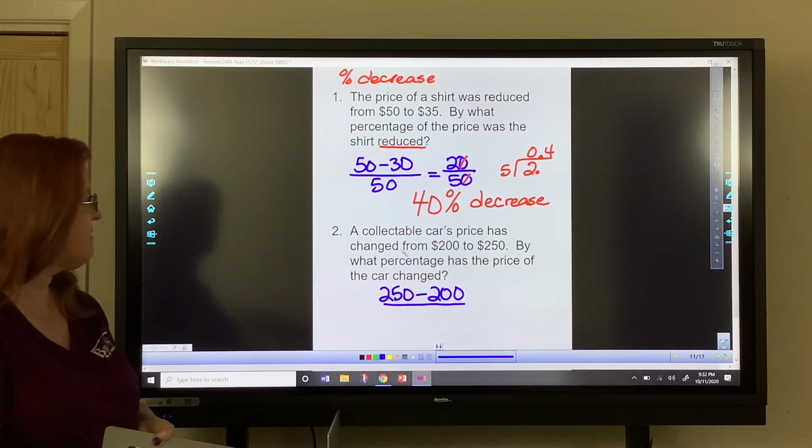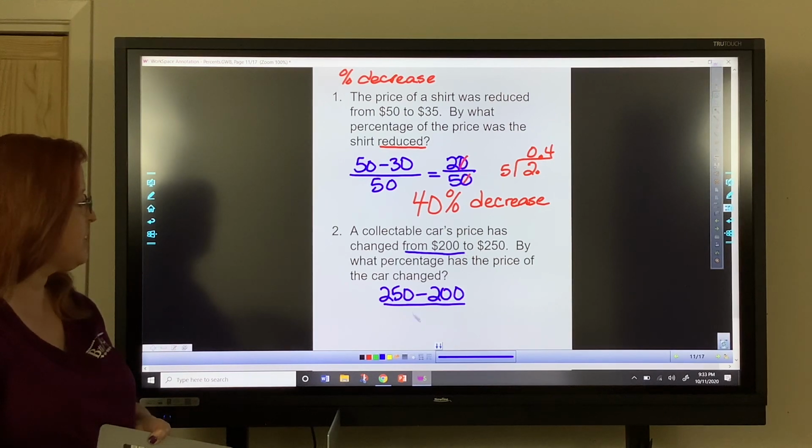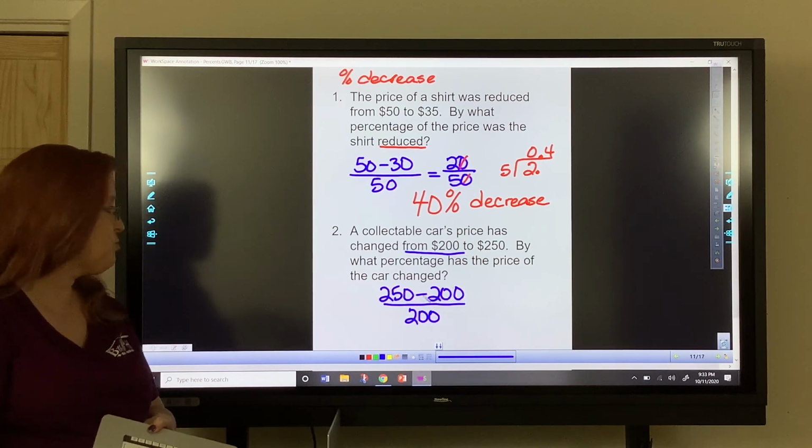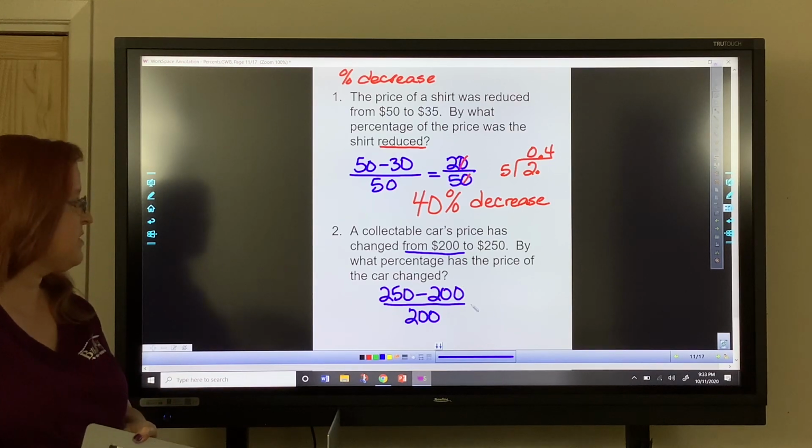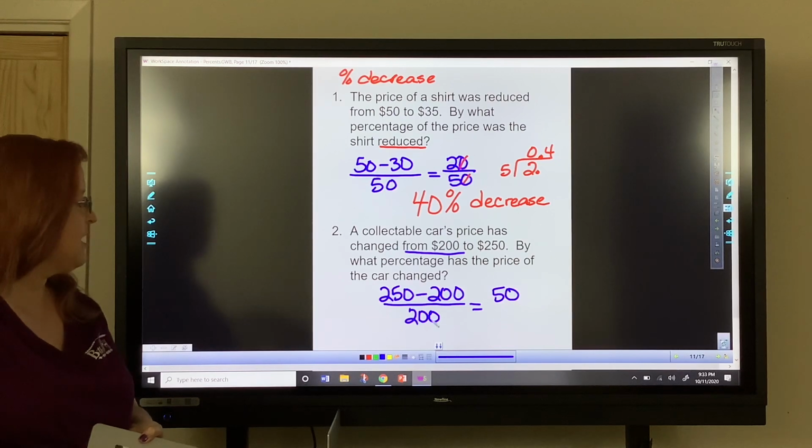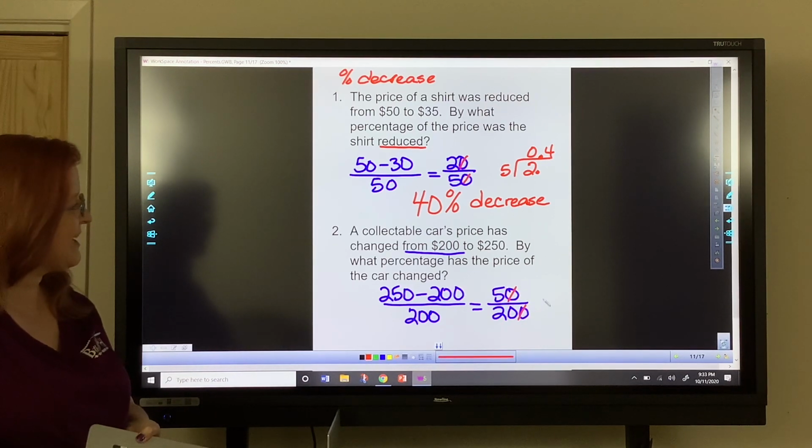I'm changing it from 200, so that would be 200 here. Remember to do the numerator first. 250 minus 200 is 50. And then divide by 200. I can take off a 0, so I get 5 divided by 20.